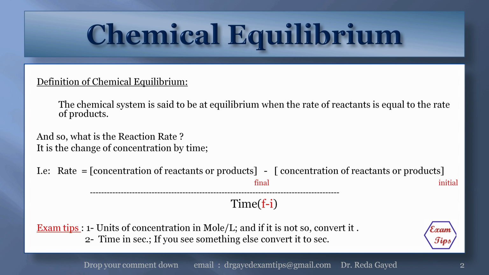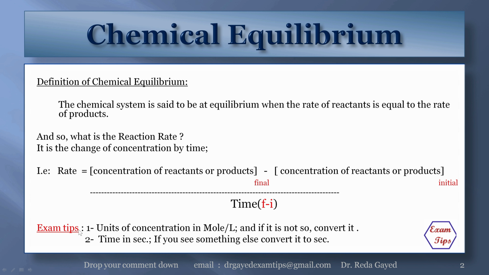So the rate is the concentration of reactants or products minus the concentration of reactants or products initially. So we have final stage and initial stage, over time as well, final time minus initial time.